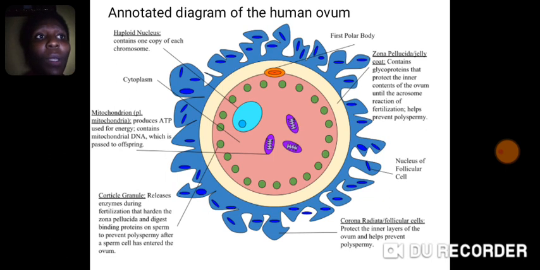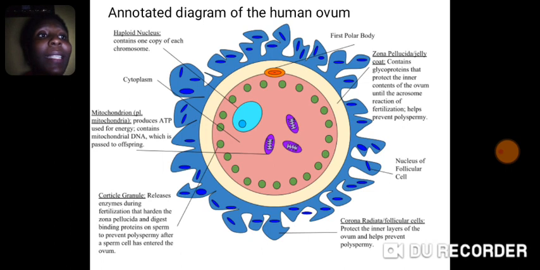It helps prevent polyspermy. Aside from that, it contains glycoproteins, which are a combination of carbohydrate and proteins, that protect the inner content of the ovum until the acrosome reaction of fertilization. So it helps to prevent polyspermy, as well as forming a containment of the inner structure content of the ovum.